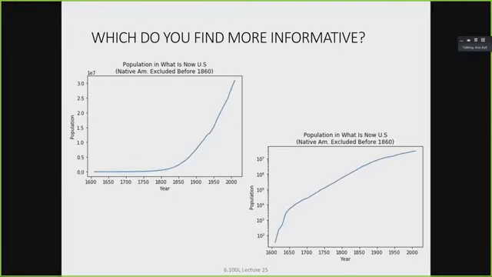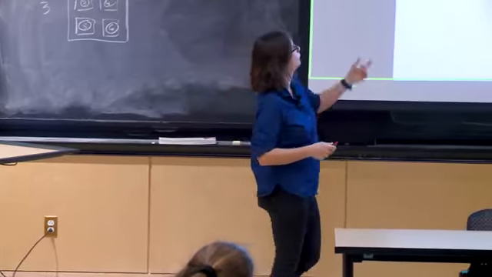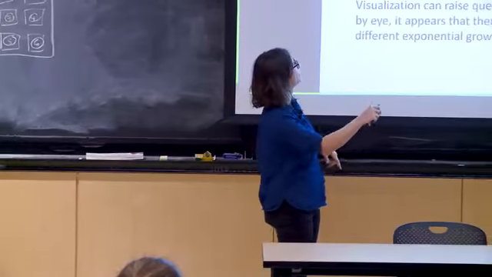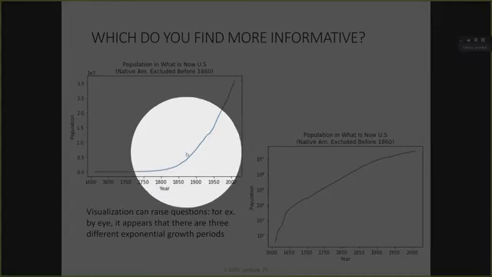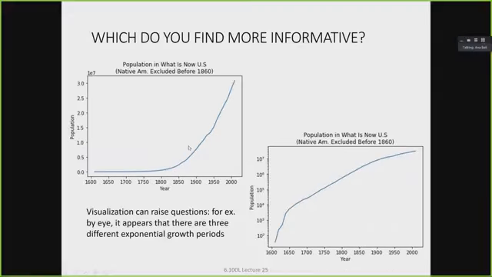So I have a question for you. Which one of those did you find more informative? Well, it depends on what we're interested in finding out, right? If we're interested in big trends in the data, where in the top left one we spotted the impacts of wars on the population, then the top left one is the one to look at.